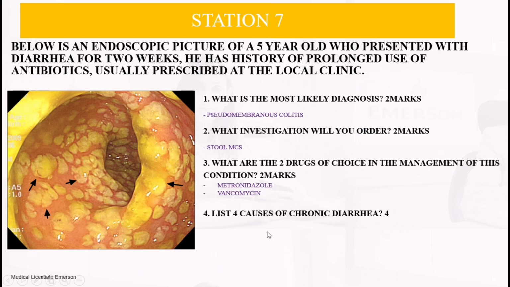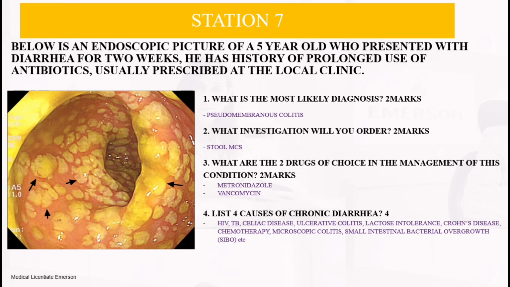And then the four causes of chronic diarrhea. You can just pick any four of HIV, TB, celiac disease, ulcerative colitis, lactose intolerance, Crohn's disease, chemotherapy, microscopic colitis, small intestinal bacterial overgrowth, or SIBO. They cause chronic diarrhea, especially the first four.